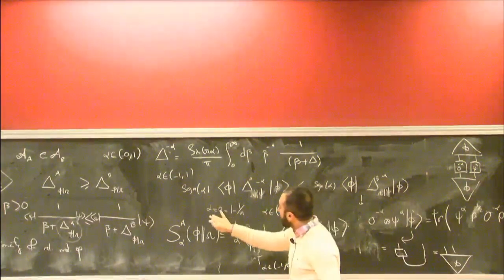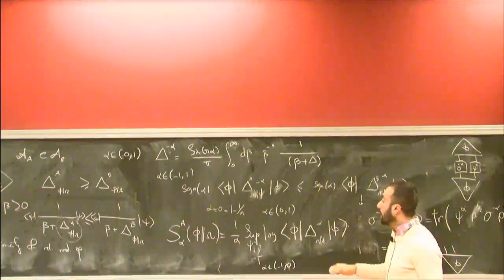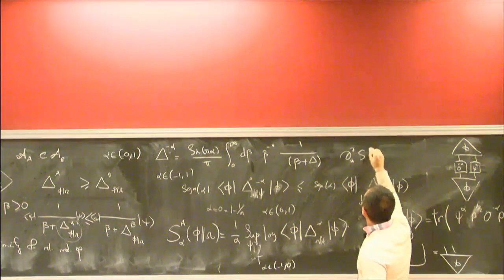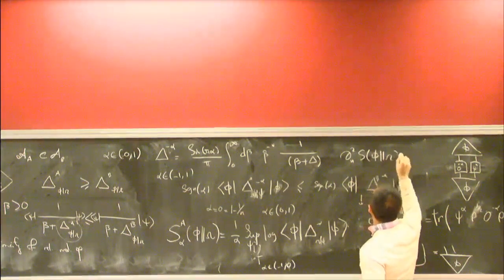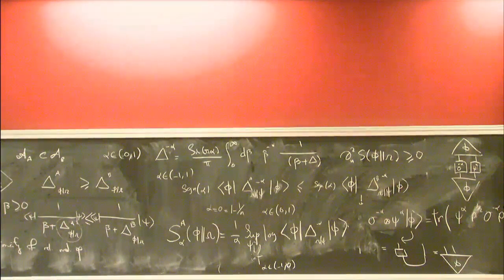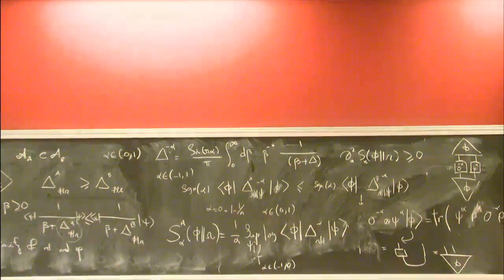When n goes to 1, this is just the monotonicity of relative entropy that we proved. If you remember from Tom Faulkner's talk, QNEC is this statement. And the conjecture that I talked about at the beginning of the talk was this statement.